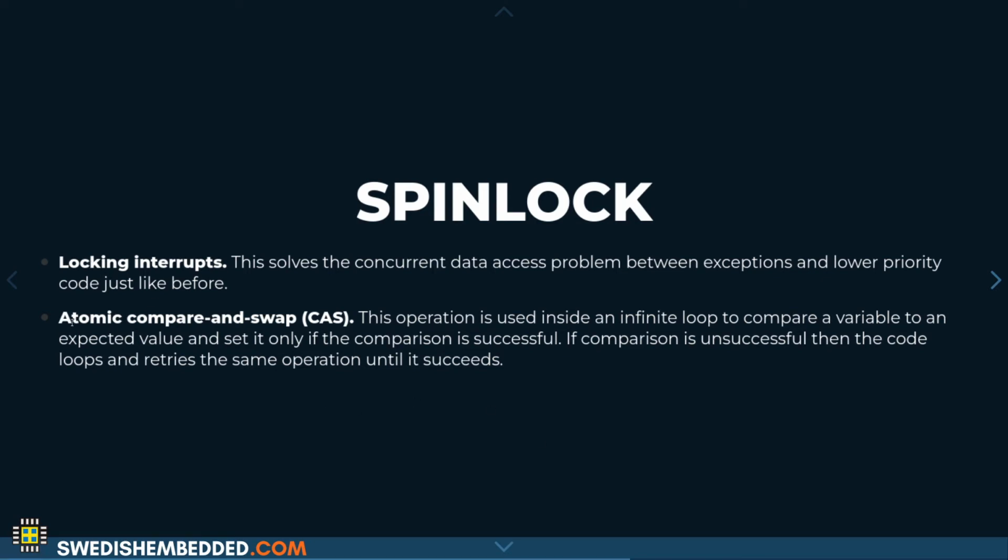Number 2, it has an atomic variable that it tries to set atomically. It tries to compare that variable and then set it to a value of 1, for example. If the comparison is successful, then the value is set. If the comparison is not successful, then the operation loops until it is able to compare and set the value atomically.